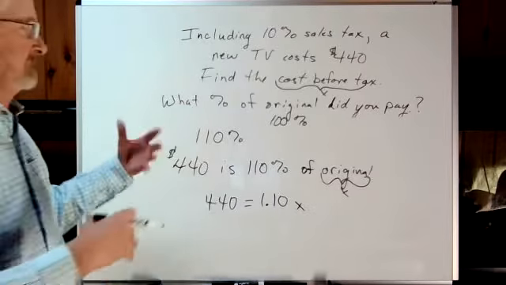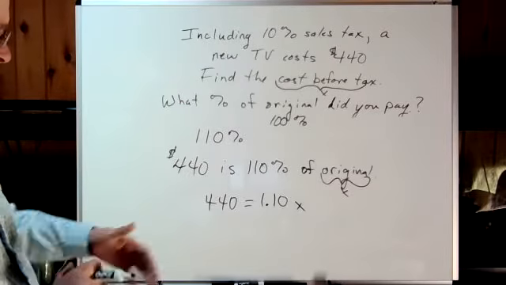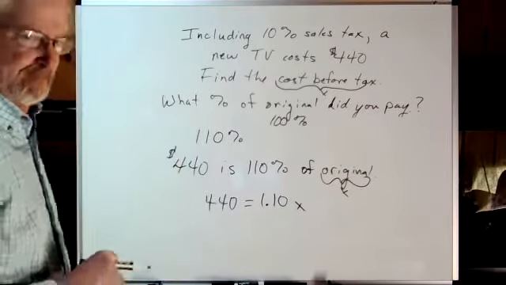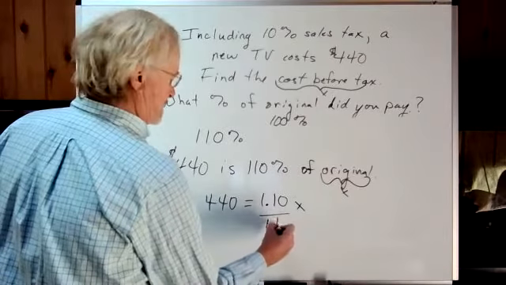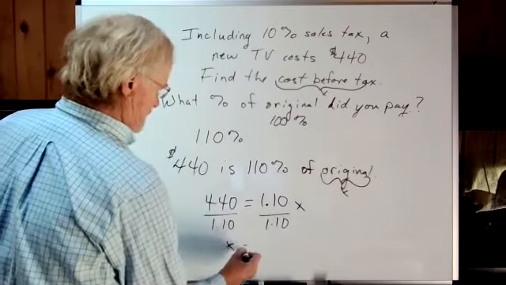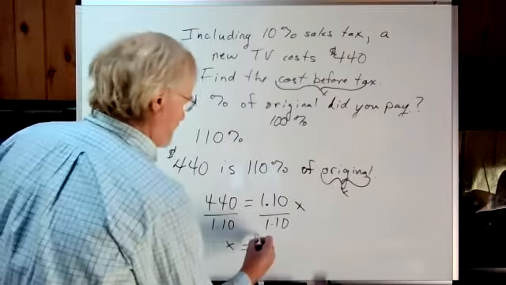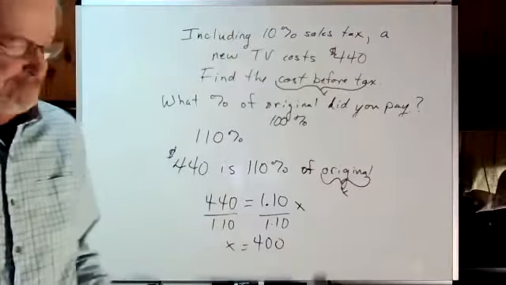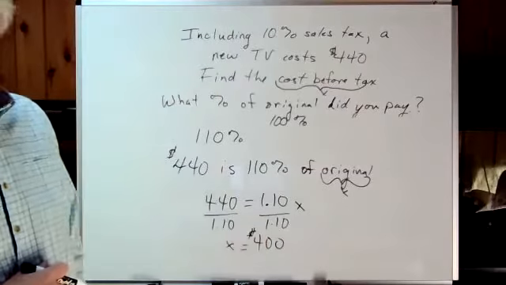So, just working another example, getting to that point with your equation. Dividing both sides by the 110. Just in my head, I think that's 400. Plus 10%, another 40, all right? So $400 was the original, the cost before tax.